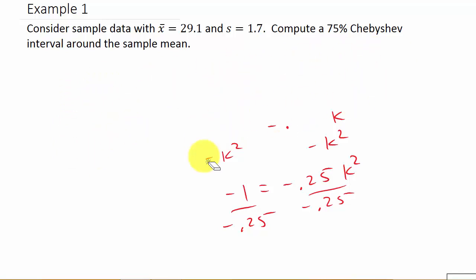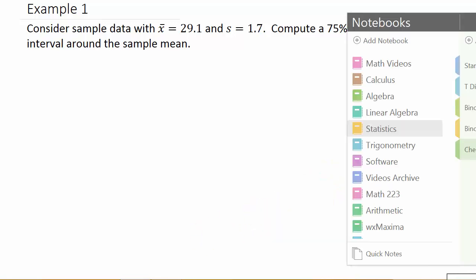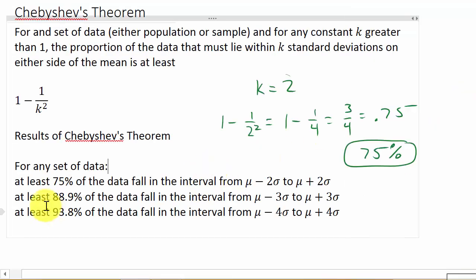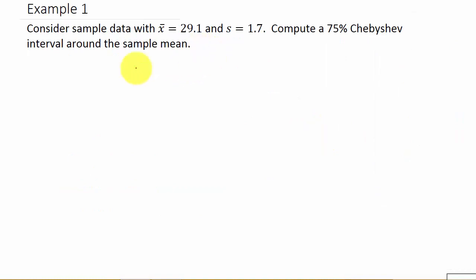All right, so let's go ahead and find the interval. If you remember from over here, it tells us the 75% interval is the mean minus 2 sigma to the mean plus 2 sigma, so the mean minus 2 times the standard deviation to the mean plus 2 times the standard deviation. Here we have x bar and s, and remember it works for a sample or a population.